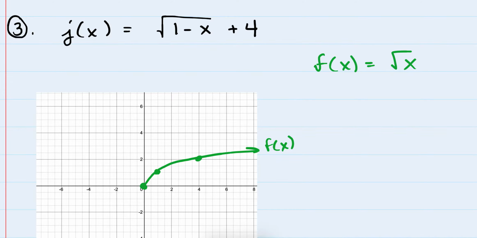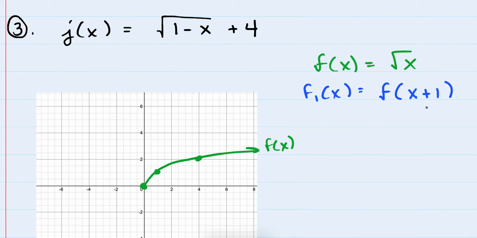I'm going to define a function f1 of x. Now let's think. What's something I can do? I'm going to take this function. Now you can try different things. I think the first thing I'm going to do is put a positive 1 in here, so x plus 1.